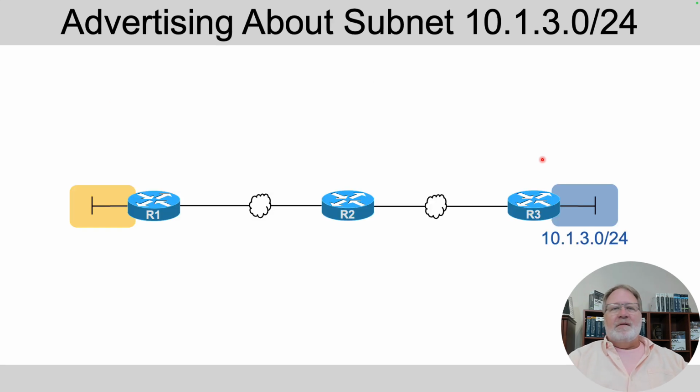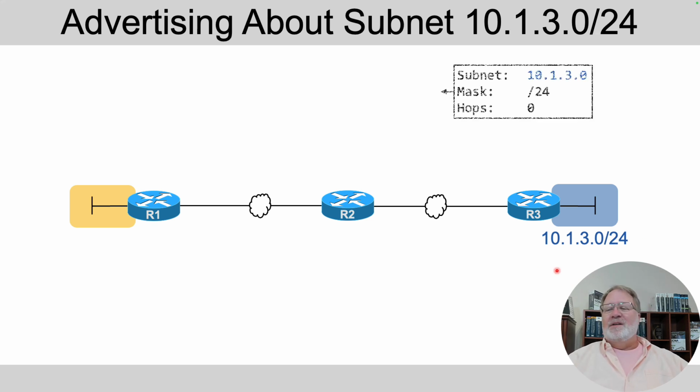So let's talk about a generic, simple idea of how a routing protocol might advertise about this. Remember how R3 had a connected route? It didn't need a routing protocol to know a route to subnet 10.1.3.0. Well, it takes that information and then it's running a routing protocol and it's going to send routing protocol messages to router R2, advertising about the subnet ID and mask and some other routing protocol-y information, like a metric.